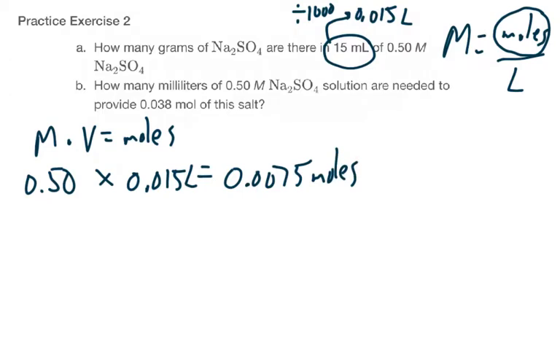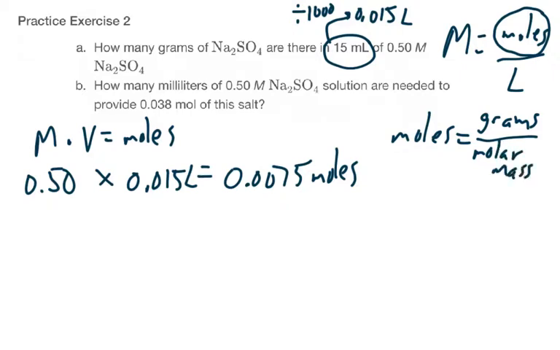Now, here's what we're going to do. One more step. You see, moles is equal to grams, which is mass, over molar mass. So if we already have this number, we find the molar mass of sodium sulfate, which we'll do down here. Here's Na2SO4.